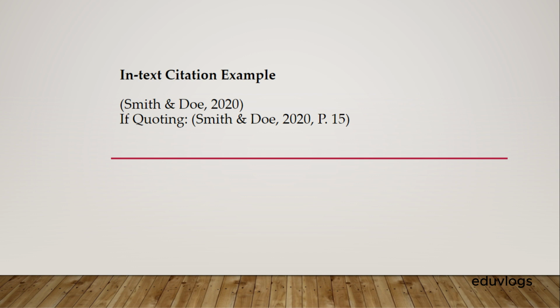Once you have done that, that is that for the APA style of referencing a two-authored book. If you are quoting, all you need to do is to say Smith and Doe, 2020, putting a comma in between, then put the page, comma, page 15. That is how to reference a two-authored book while quoting.